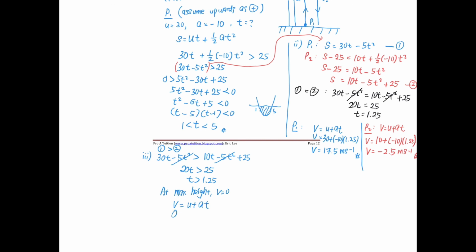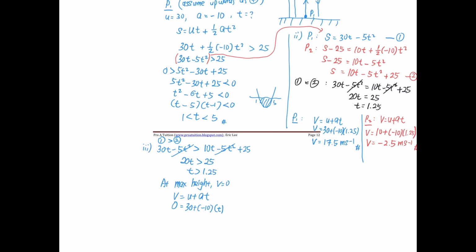So v is 0, u is 30, a is minus 10, and t is unknown. So we want to solve this. t equal to 30 over 10, so t equal to 3. t equal to 3 is where the particle P1 reaches the maximum height.